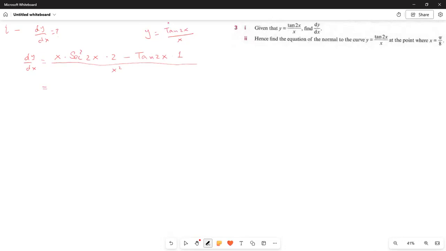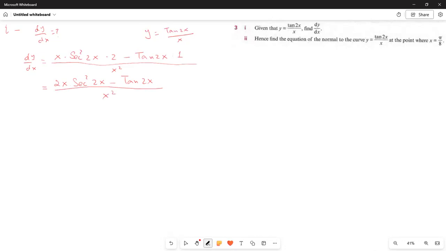Okay, let us simplify it a little bit. This is going to be 2x into secant square 2x minus tangent 2x over x square. Okay, so this is our first part.